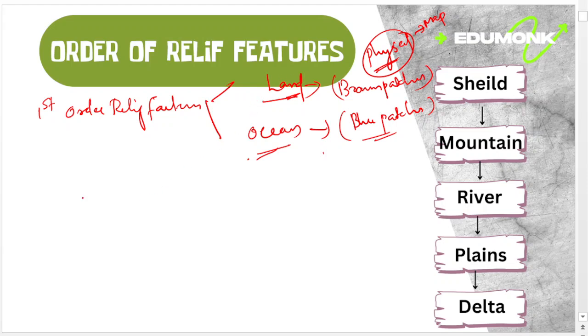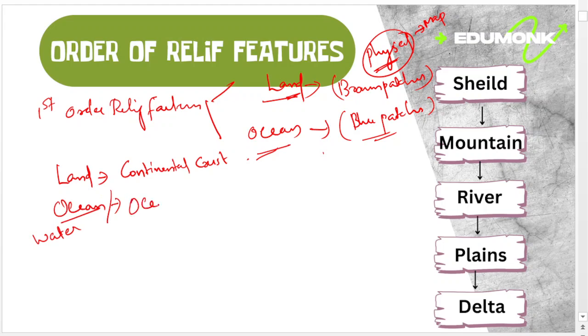In geographical terms, land is our continental crust, and ocean, or water, is our oceanic crust.